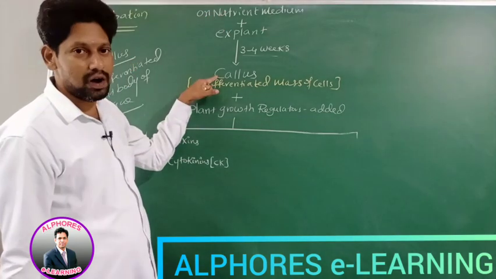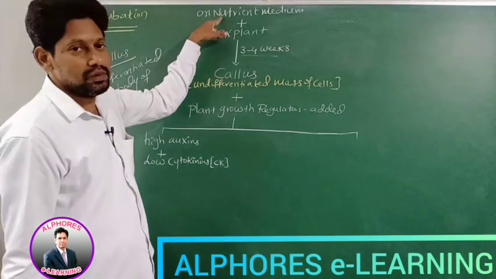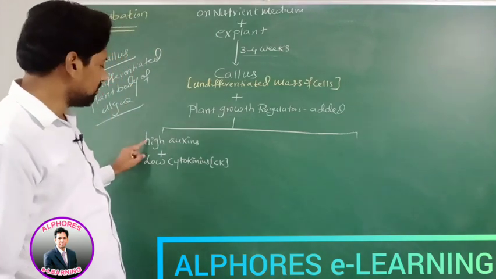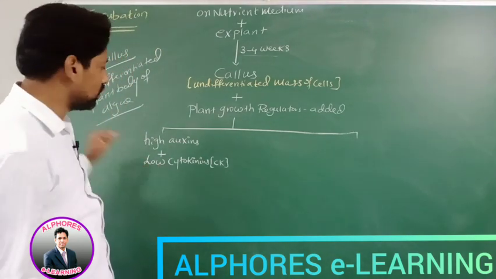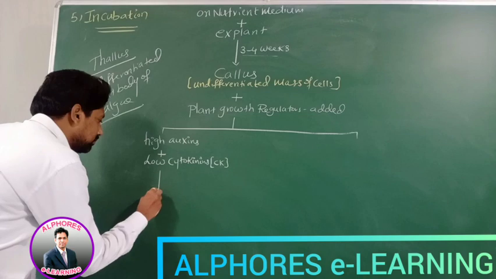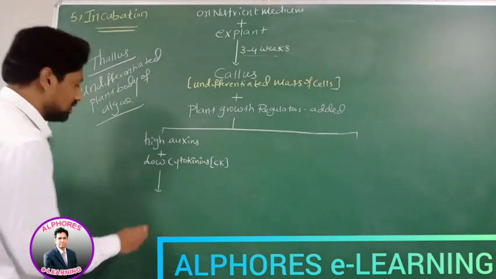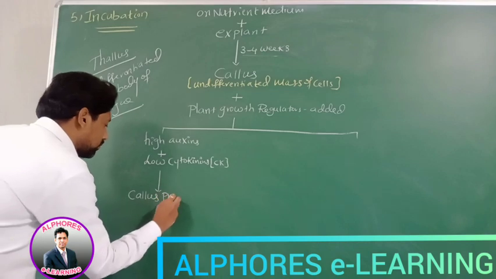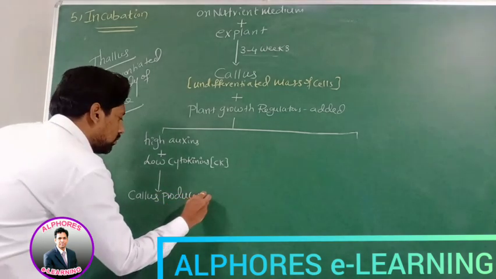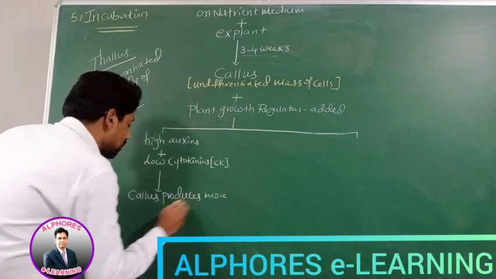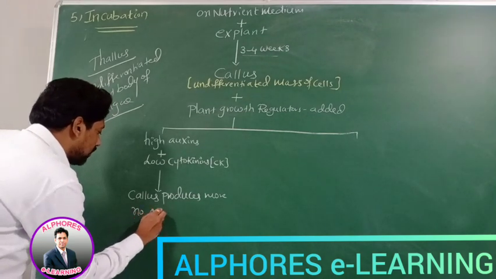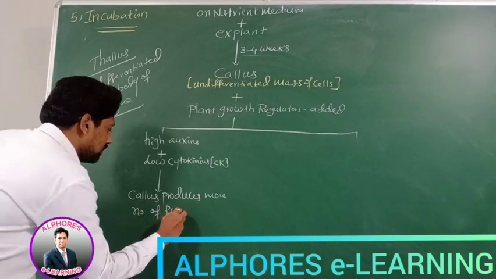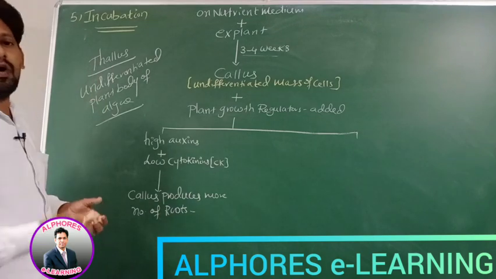Once callus is formed, if high auxins and low cytokinins are added, then callus produces more roots.